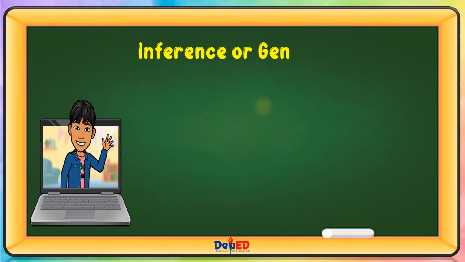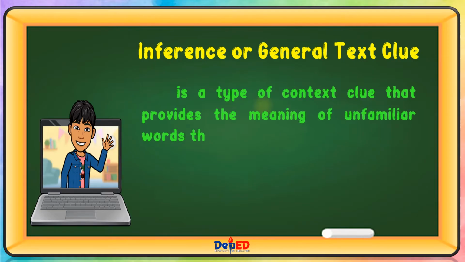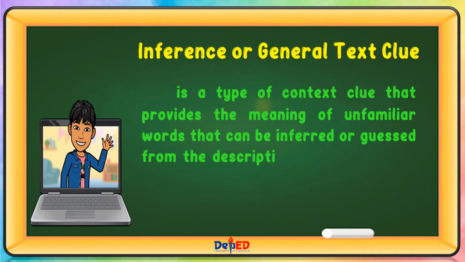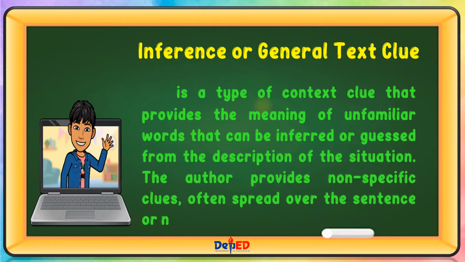Inference or general text clue is a type of context clue that provides the meaning of unfamiliar words that can be inferred or guessed from the description of the situation. The author provides non-specific clues often spread over the sentence or number of sentences.